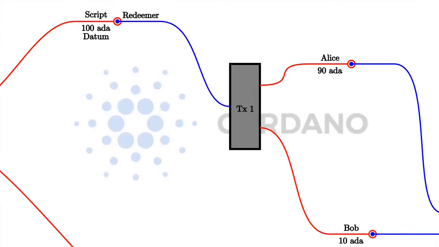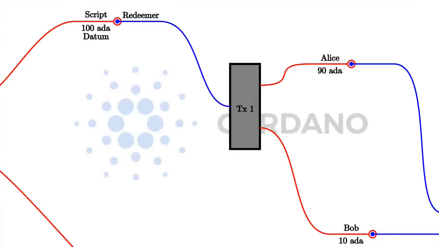One thing I haven't mentioned yet is who is responsible for providing datum, redeemer, and the validator, the script that validates whether a transaction can consume an input. And the rule in Plutus is that the spending transaction has to do that, whereas the producing transaction only has to provide hashes.